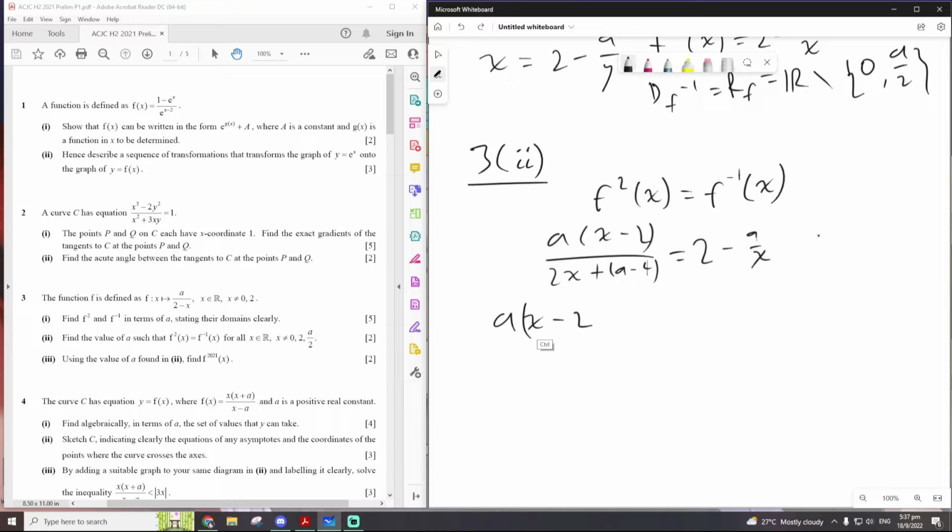(ax minus 2) over (2x plus a minus 4) equals 2 minus a over x, and we do not want any x terms.